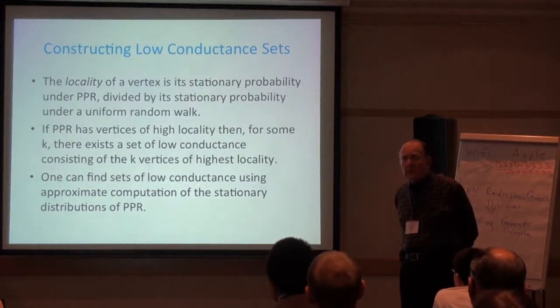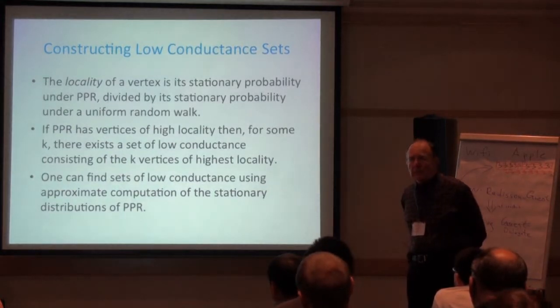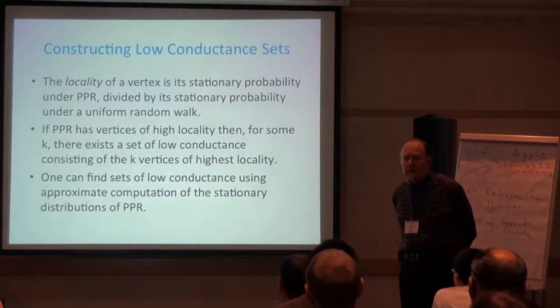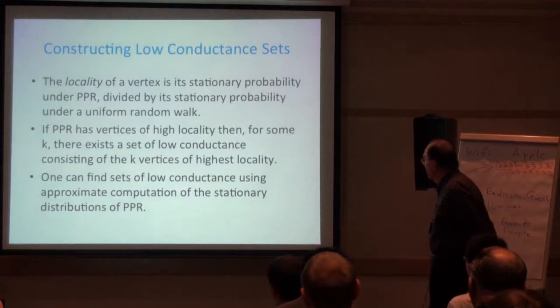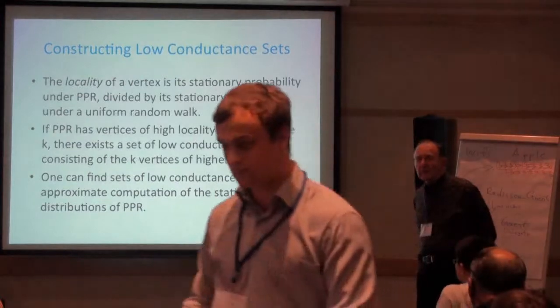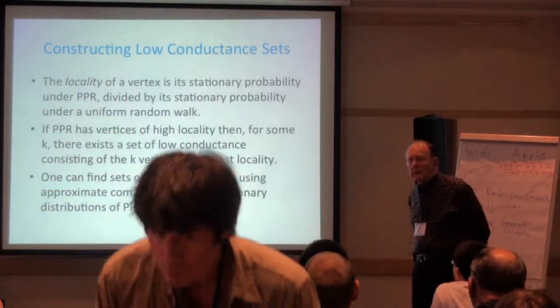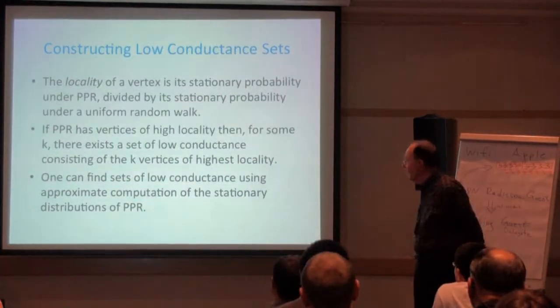The higher the ratio of the local stationary probability to the global one, the more local the vertex can be considered. And there are theorems by Chung and Anderson and Dan Spielman and others showing things like this.